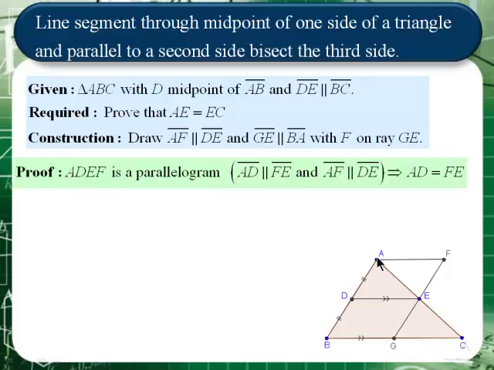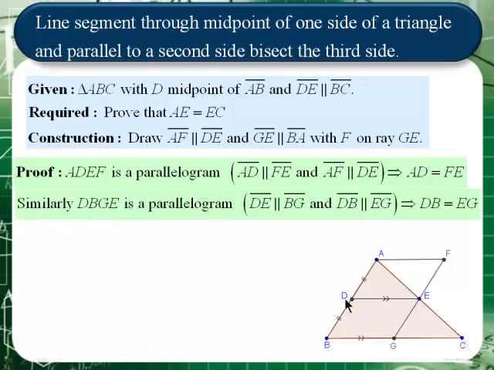Firstly, we see that quadrilateral ADEF is a parallelogram for the simple reason that according to our construction, pairs of opposite sides are parallel. From this we can conclude that opposite sides must be equal. So in other words, we don't need to write down everything, that AD is equal to EF.